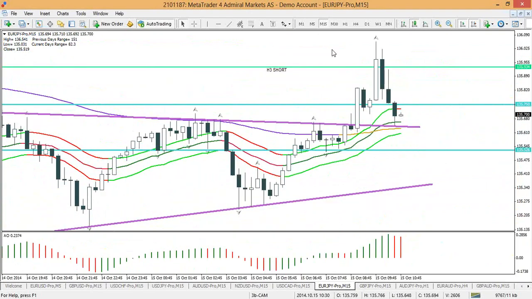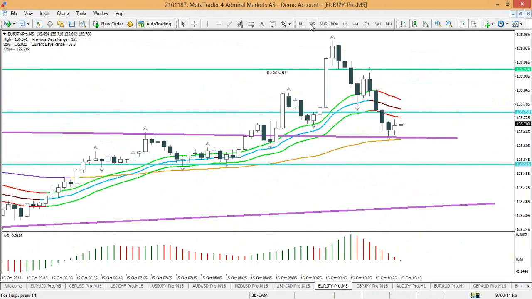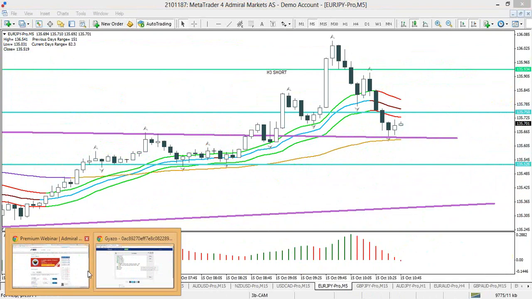A bit of a wick, but that's a tough one. Probably still wait a bit on that euro yen. Aussie is moving down a bit. The CAD looks pretty good though. That probably is one of the weaker ones today.